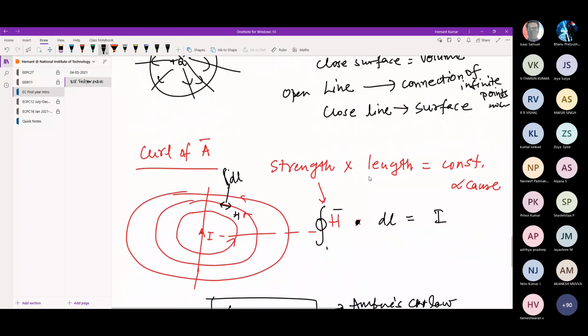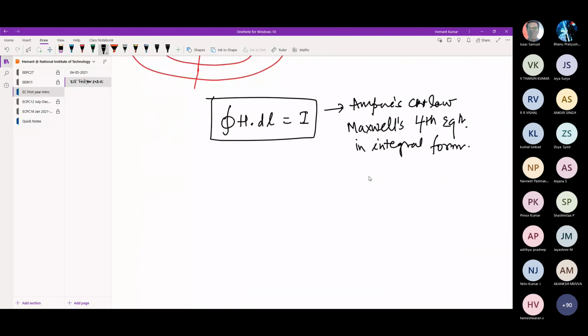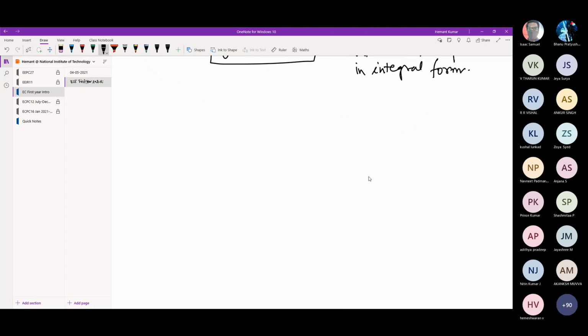So now we will relate. This relation is actually given by two theorems. Those two theorems are the divergence theorem and Stokes theorem.